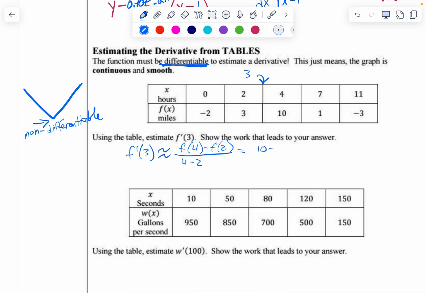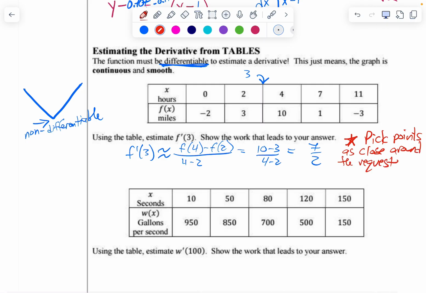So 10 minus 3 over 4 minus 2, which is 7 halves. So it's approximately the derivative there. Because we have limited data, this is as good as it gets. So the note here would be pick points as close around the requested value as you can.